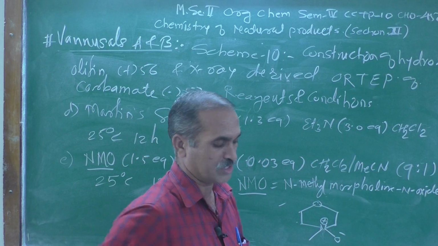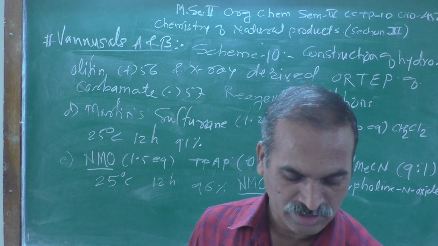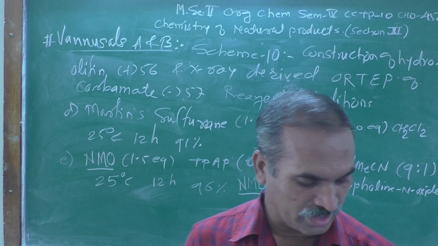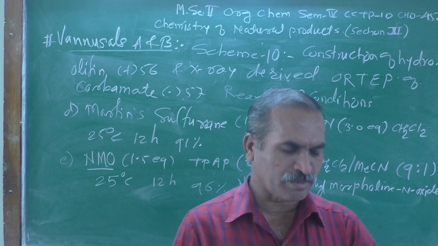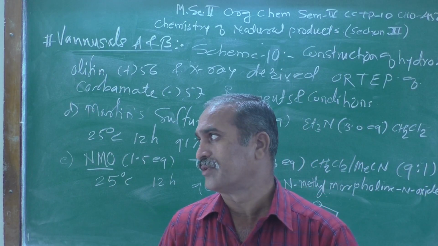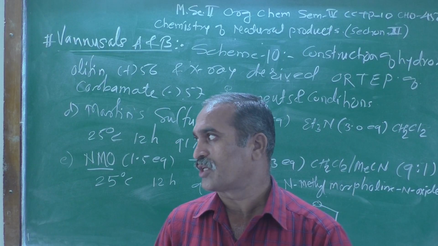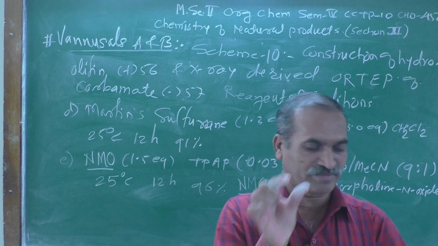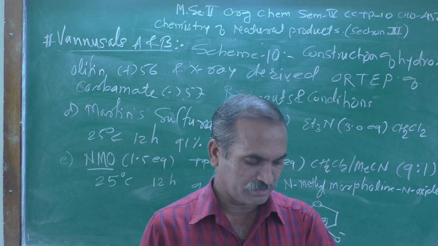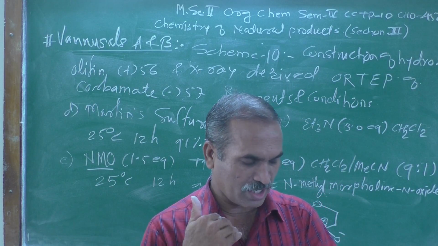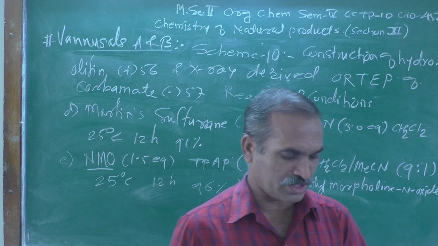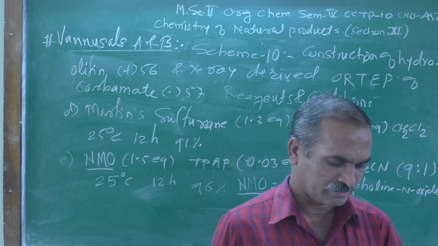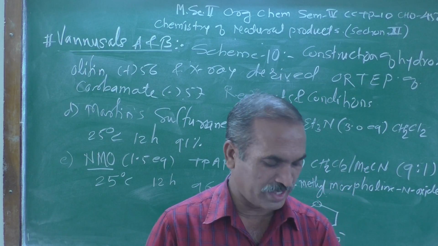This is the structure. The specialty of this NMO, I am talking about the characteristic or main feature of NMO: just now we have seen its full form and structure. It is commercially available as a monohydrate.